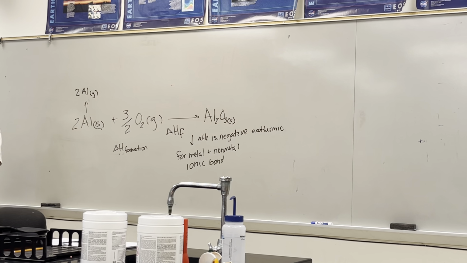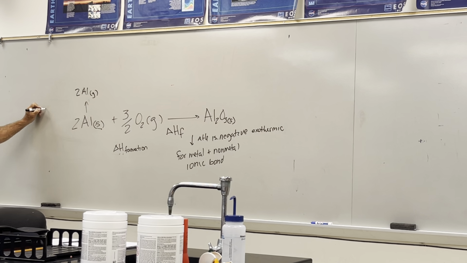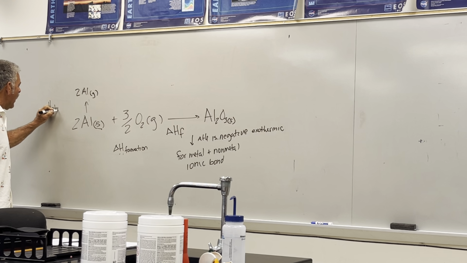This has a delta H, but it's not called delta H of formation anymore because we're not going from the elemental state and forming a product. We're going to put energy in to atomize, or I call it sublimation, and old textbooks do too, but a lot of the new ones call it atomization.